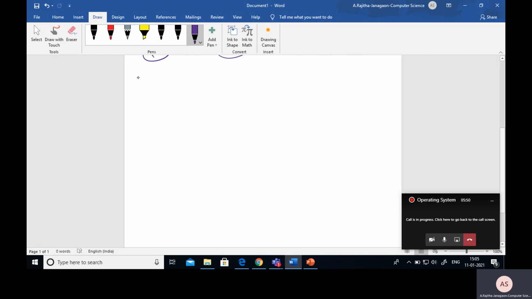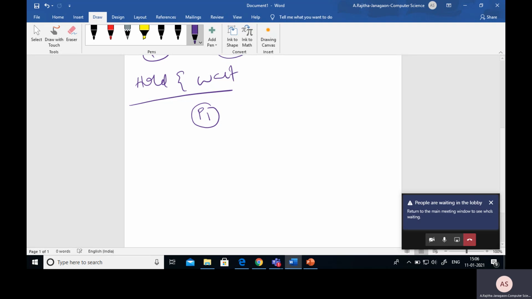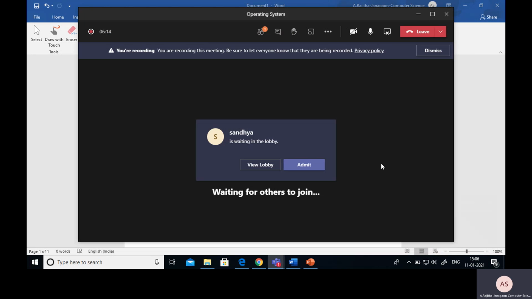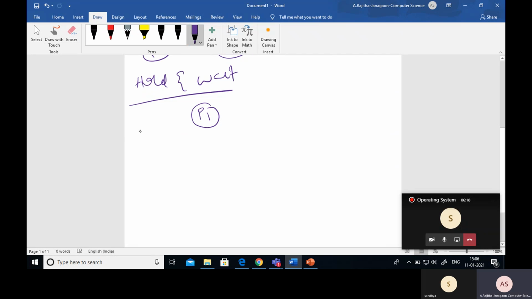Now coming to hold and wait. What is hold and wait? A process must be holding at least one resource and waiting to acquire additional resources that are currently being held by other processes. Suppose P1 is a process.